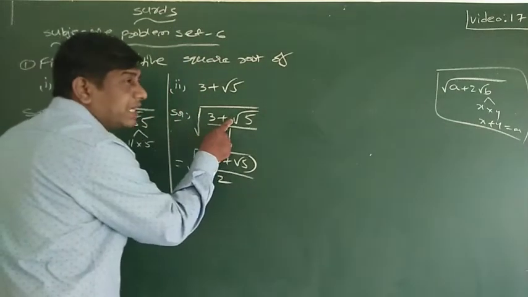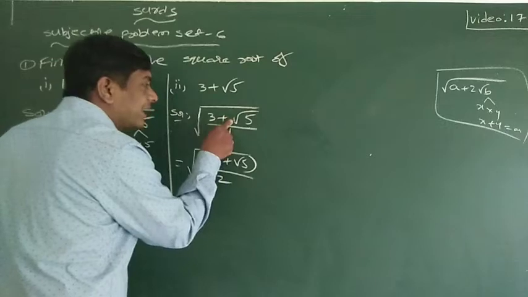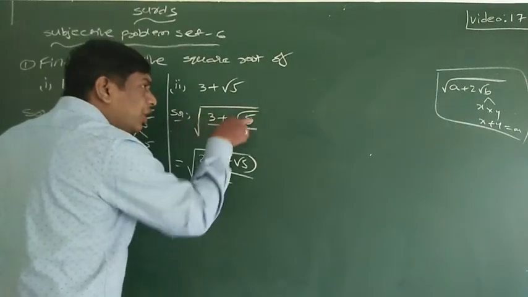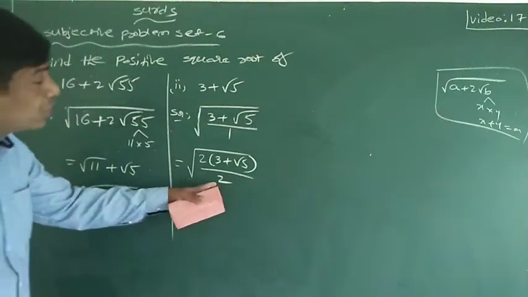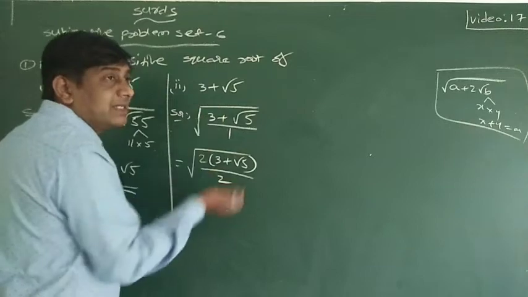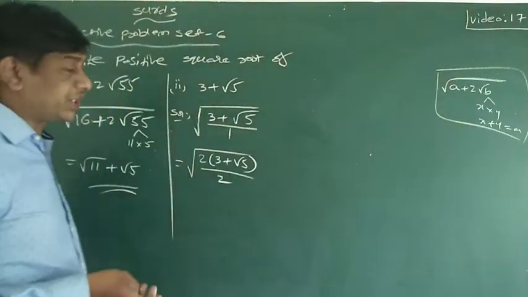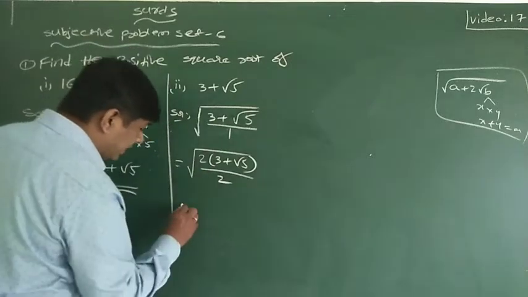To get 2 as a rational factor, multiply this whole numerator with 2. Again, divide with 2 also, because if you multiply, you must divide to balance the given surd. Because the 2 gets cancelled, again 3 plus root 5 only is left.